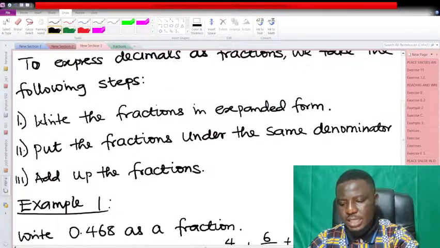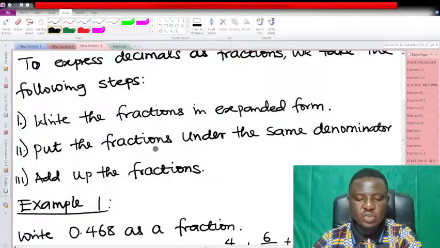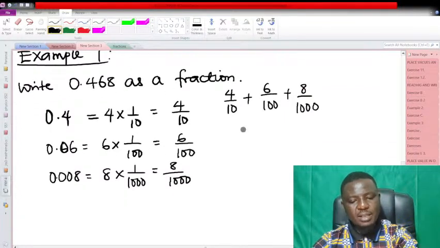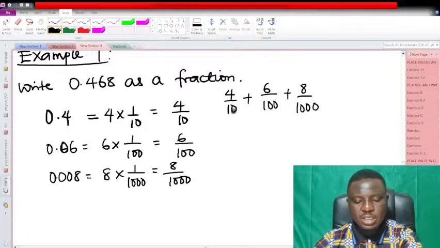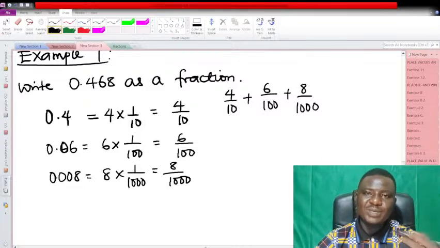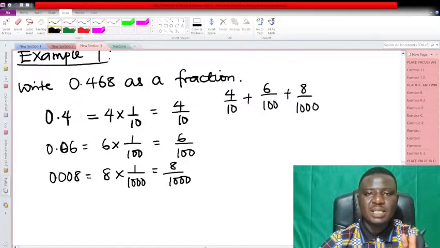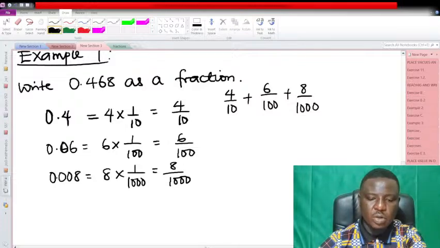Step 2 says you should put the fractions under the same denominator. Now we will make the denominators of these fractions the same. In order for you to make them equal, look at the largest denominator. This is 1,000. And this is 10. Now, the difference between 10 and 1,000 is that you have 2 zeros more than that of 10.